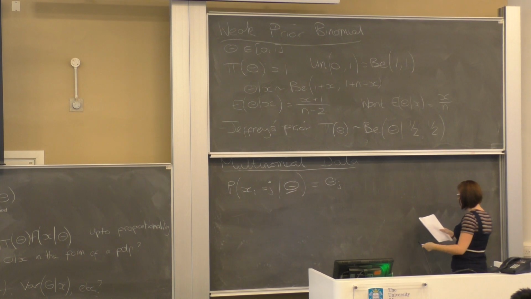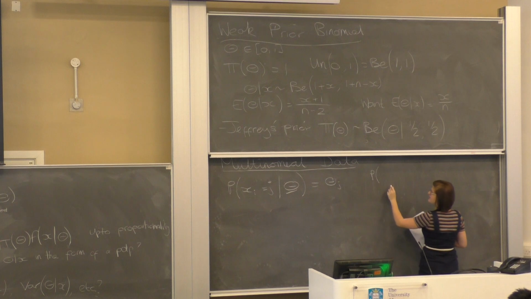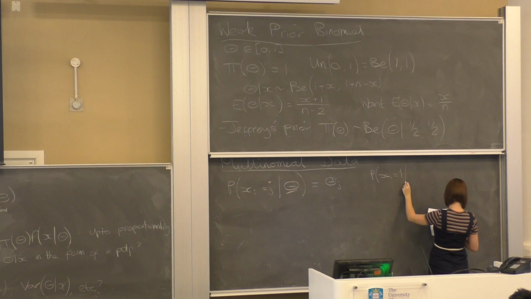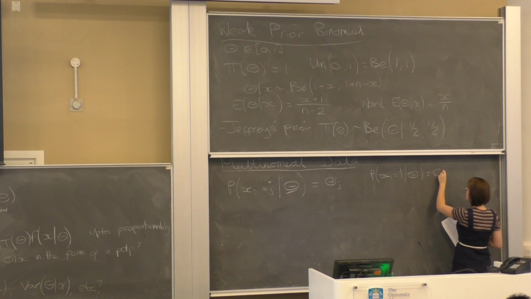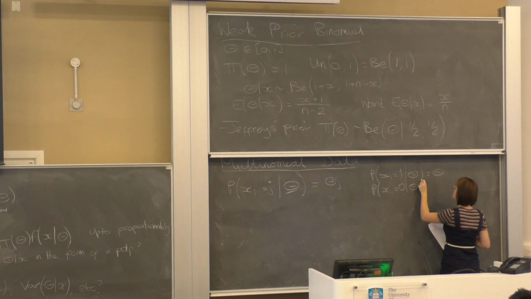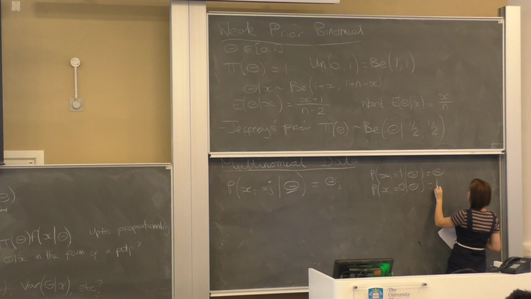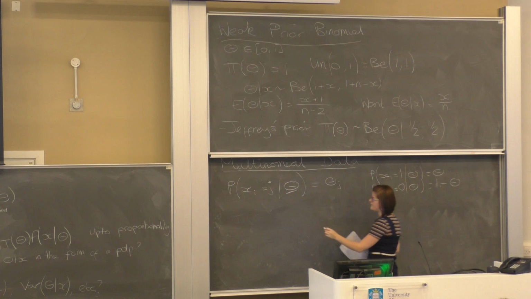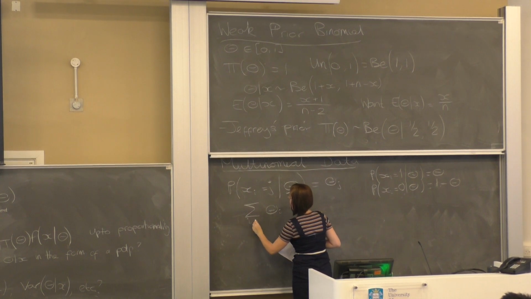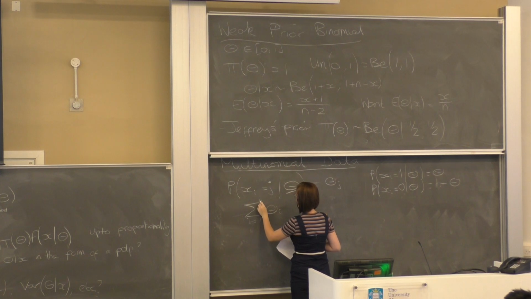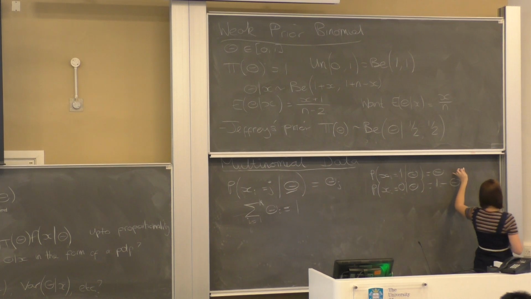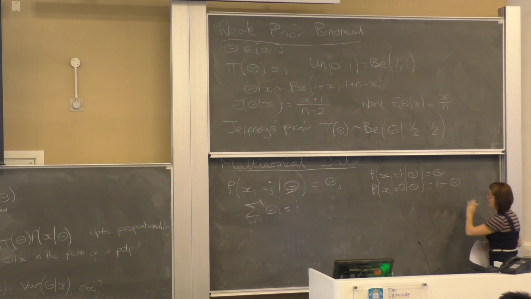So in the binomial case, we would have had that the probability that xi was a success, given theta was theta, and the probability that it was a failure was 1 minus theta. So we have this condition that all of our parameters have to equal 1. So once we've already defined what theta is, we know what the probability of the failure is.